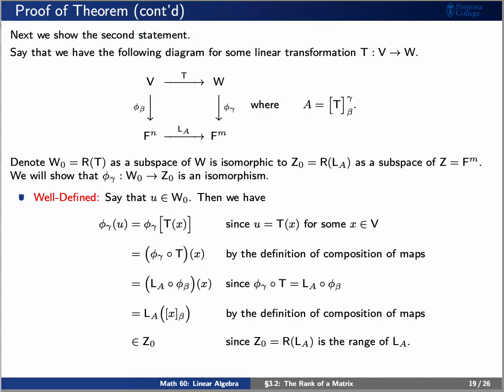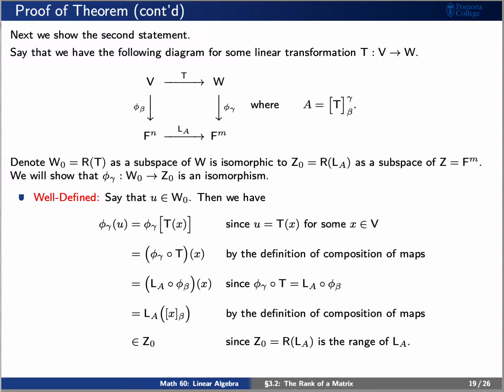So u equals T of x for some x in V. This is in the upper left-hand corner of the diagram. But now, by the composition of maps, we can either map from x using T at the top of the diagram and then down using phi sub gamma. In the same way, we can also map down using phi sub beta and then over to the right using L sub A.